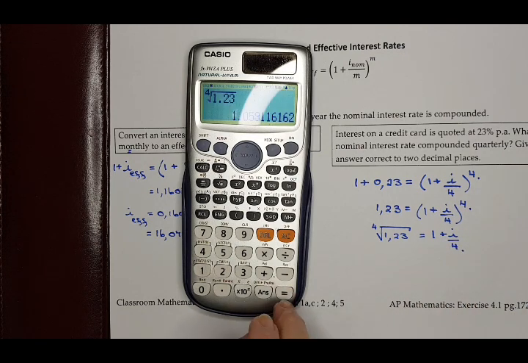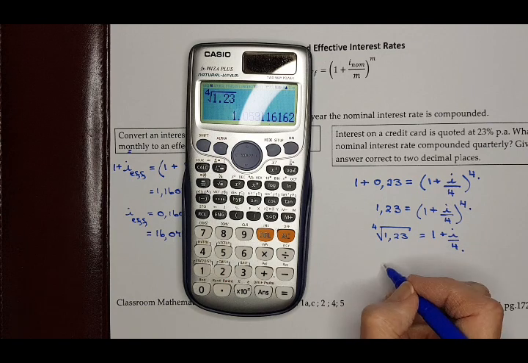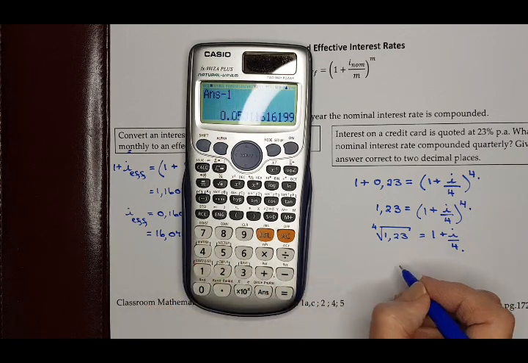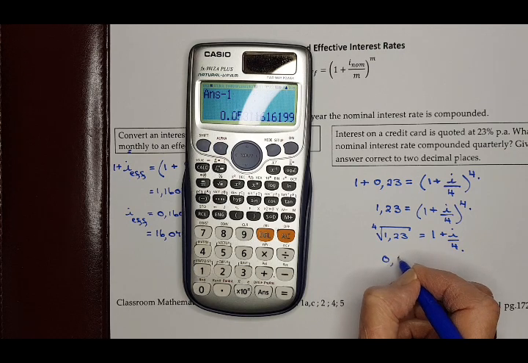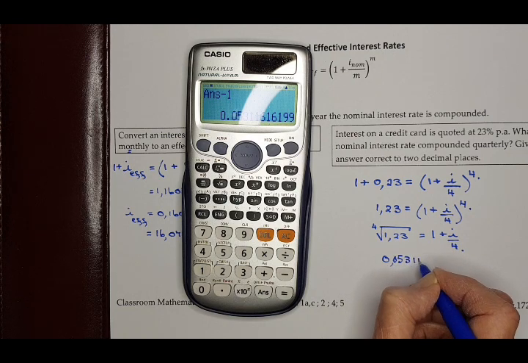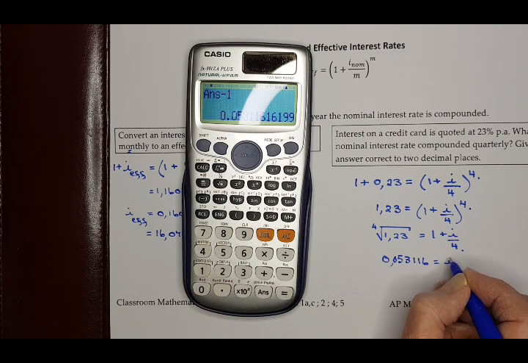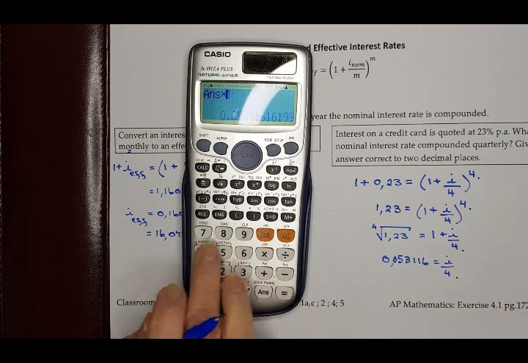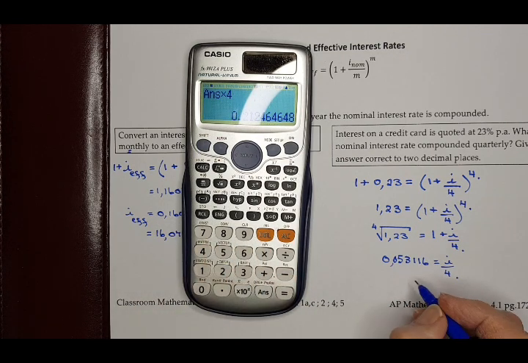I want to subtract 1 from both sides, and I get that 0,053116 is equal to i over 4. Multiply both sides by 4.